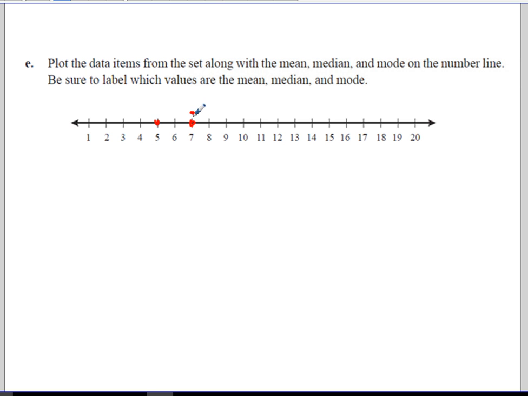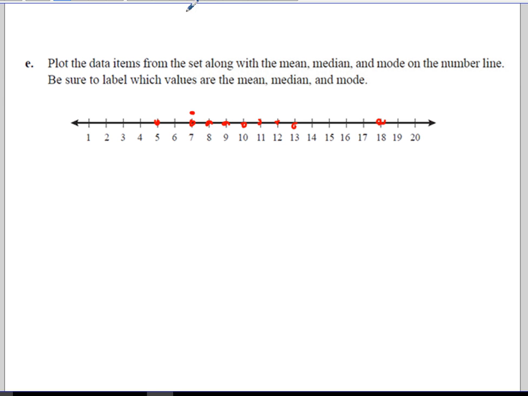So let me just put 2 dots there. We have an 8, a 9, a 10, 11, 12, 13, and then we skip up to 18. So there's my data points from the set.